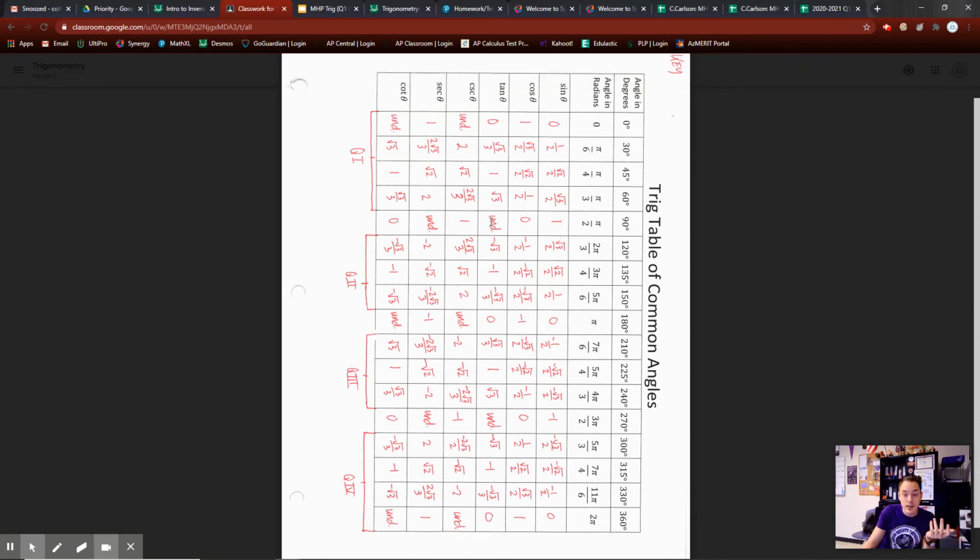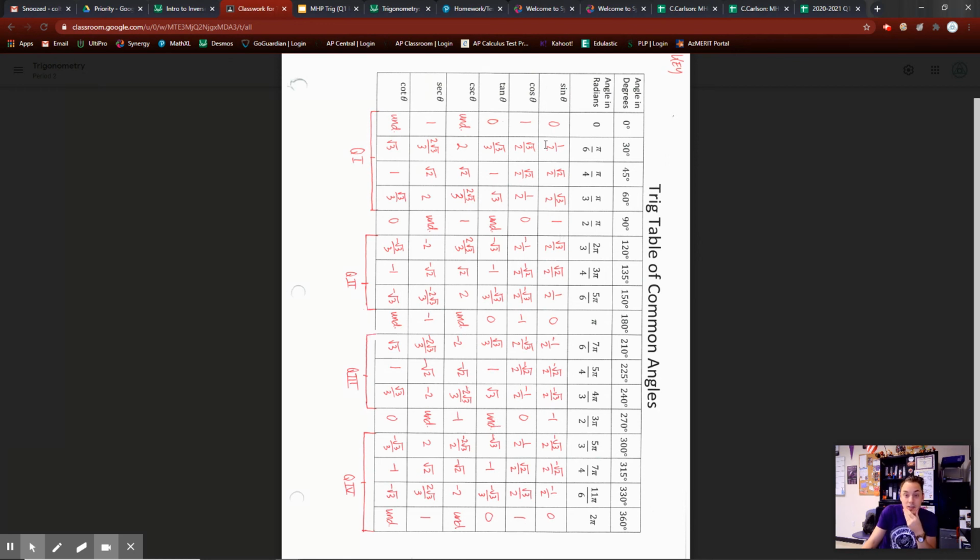Okay? And then it repeats every pi units, essentially. So what does that mean? After that, it is now undefined right here. Another pi units. If I take pi over 2 plus pi, which is 180 degrees, in other words, 90 degrees plus 180 degrees, I get 270, which is 3 pi over 2, where tangent is now therefore undefined.